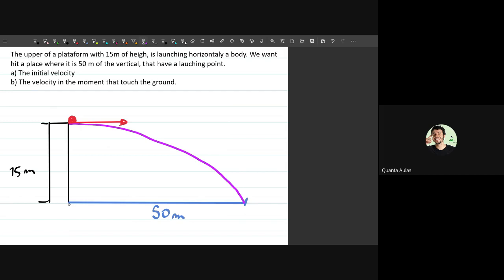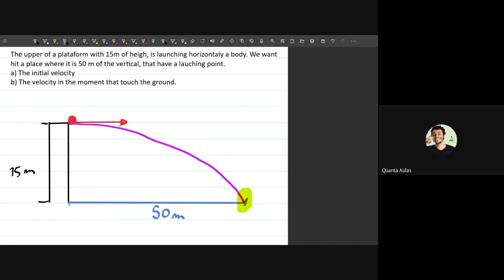But now you need to understand something. We need to get this point, but this point has two components, two coordinates, a coordinate in y and a coordinate in x.